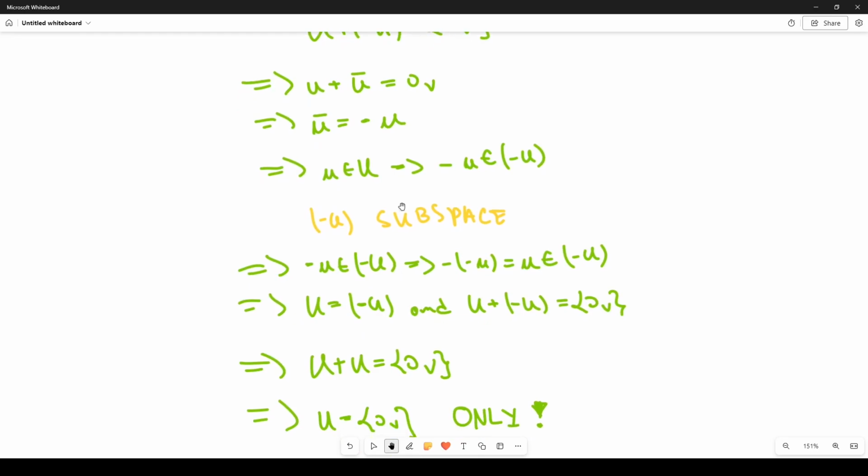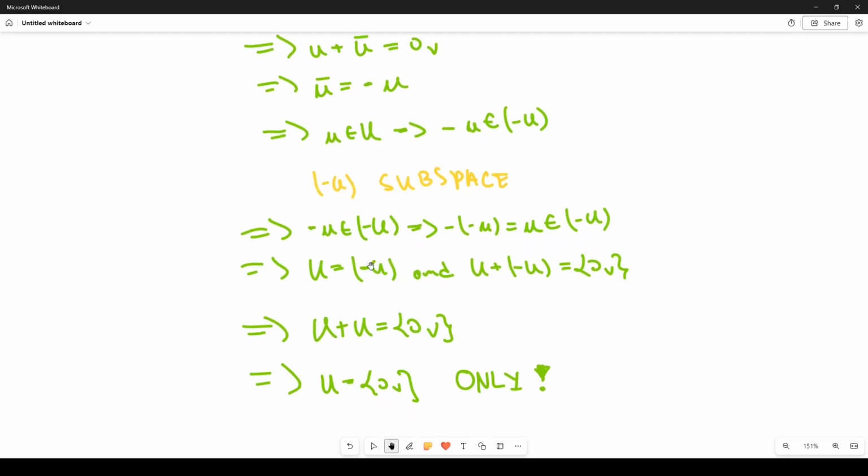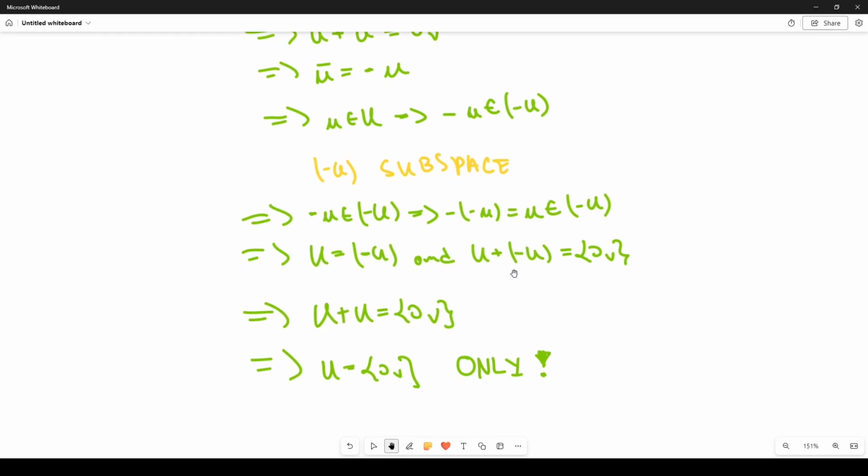minus U. And now, since minus U is a subspace, it's closed under scalar multiplication. So if minus U belongs to minus U, then minus minus U, this double additive inverse, which just equals U, would also have to belong to minus U. So we would have that U has to be equal to minus U. And we also have that U plus minus U has to be equal to the zero subspace.